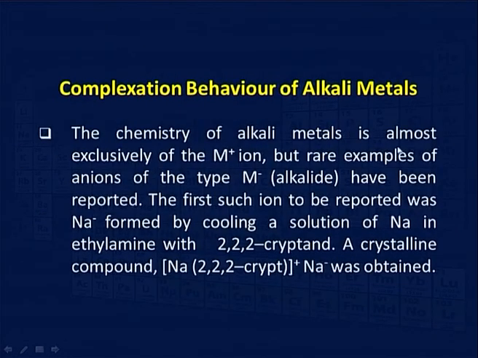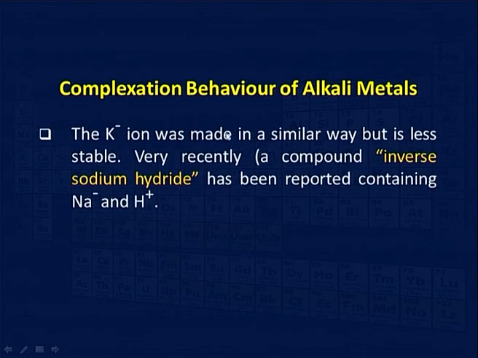Now, the chemistry of alkali metals is almost exclusively of the M plus ion, but rare examples do exist of alkalides. Alkalide means M negative, which are very rare and very recently reported, but we are not very sure of them. K negative is called Kalide.